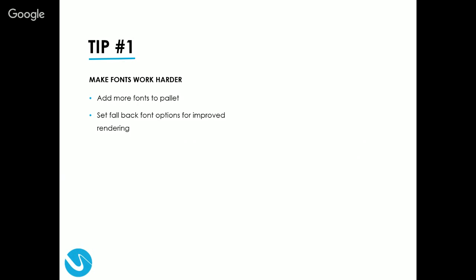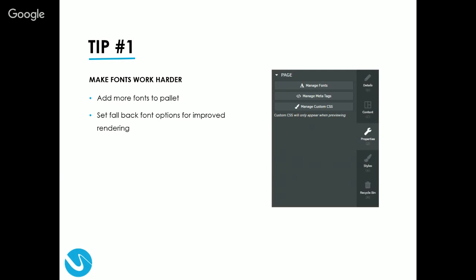So what you would have to do is, when you've got nothing selected within the builder, you'd head to the Properties tab, and then you can see this page menu, and then you hit the Manage Fonts button, and then that gives you a list of all the fonts that you can add, and they will show up as available when you're in the text editing menu.